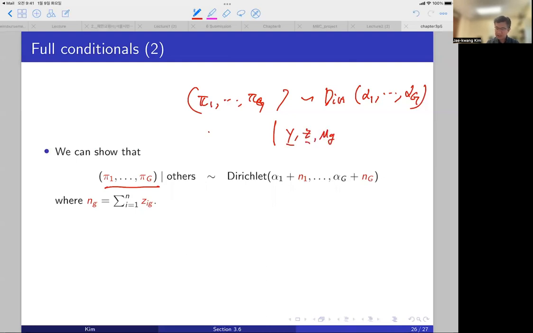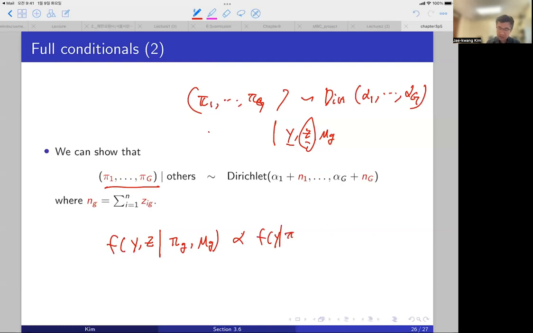What really matters is only z, because basically the conditional distribution of y and z given pi g and mu matters.